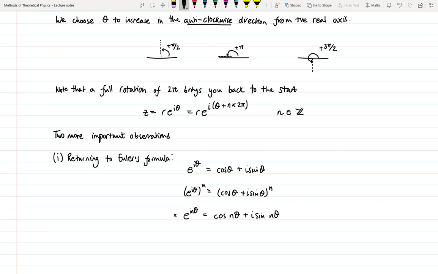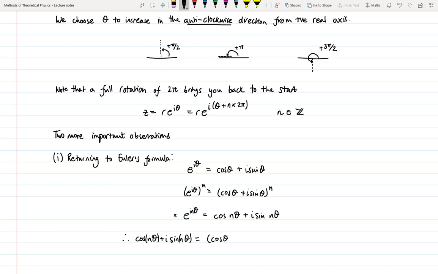Now equating the right hand side of these last two lines leaves us with cos of n theta plus i sine of n theta. I'll put brackets around here to make it absolutely clear that you're taking sine of n times the angle theta.